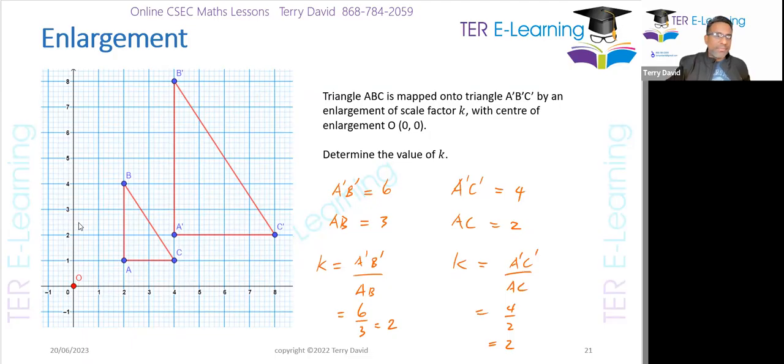We're not taking away, we divide it. We always divide it, right? Scale factor means you are multiplying by something. So if this is your object here, the original value is 3, but then it increases to 6. So therefore you multiplied by 2. That's what you did, right?